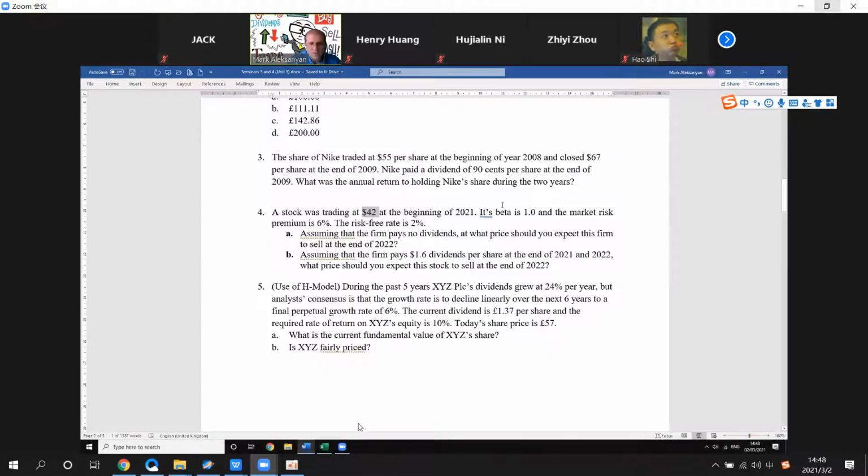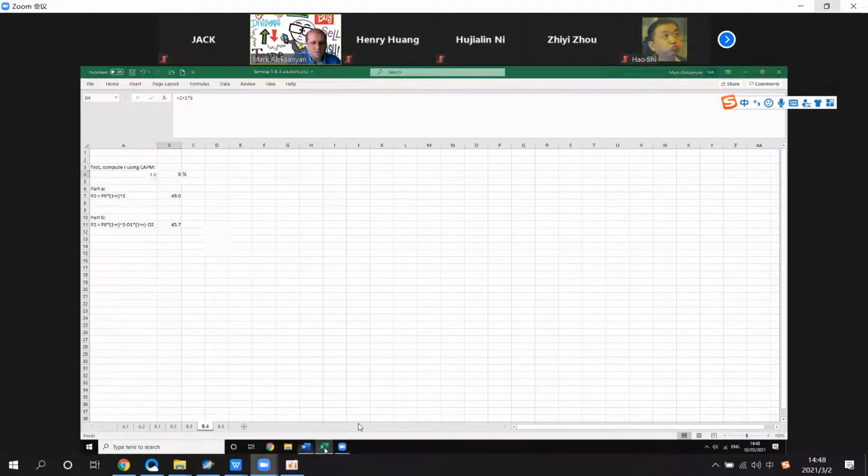Let me quickly check. Yes, the risk-free rate of 2% plus the company's beta times the market risk premium of 6%. So we have 2 plus 1 times 6, and it gives us 8%. So the company's expected rate of return for equity, or the cost of equity capital, is 8%.